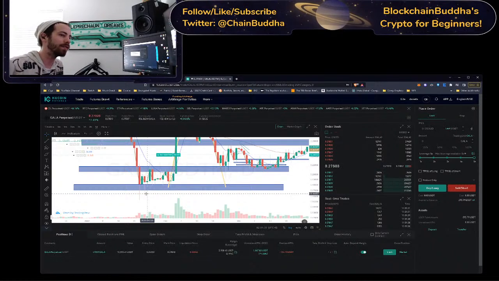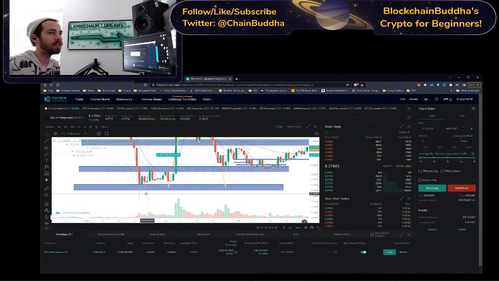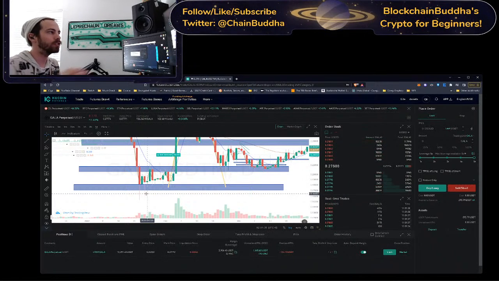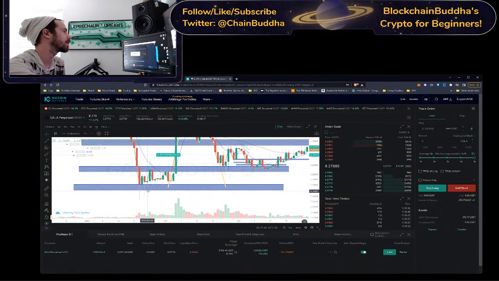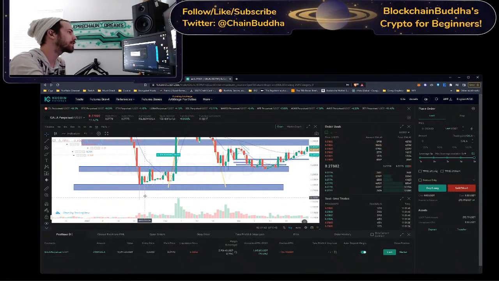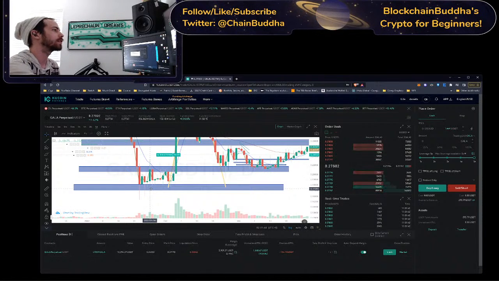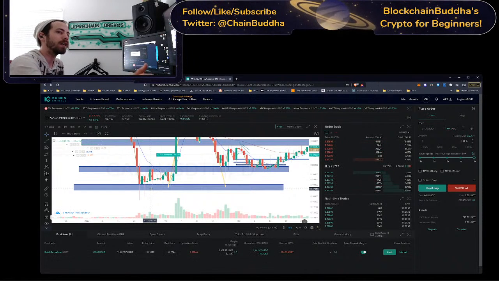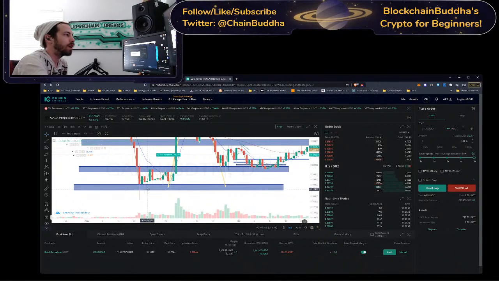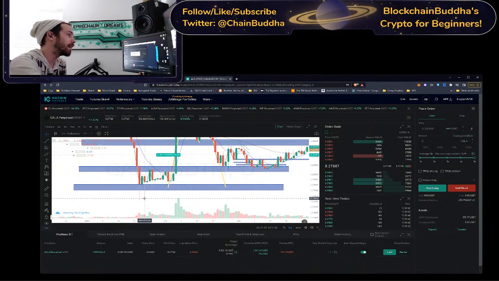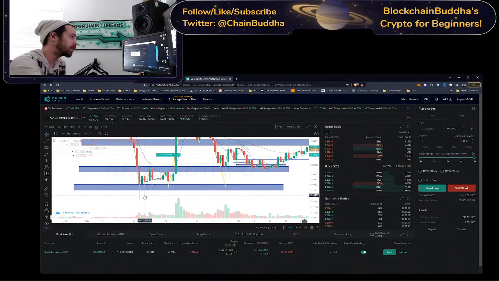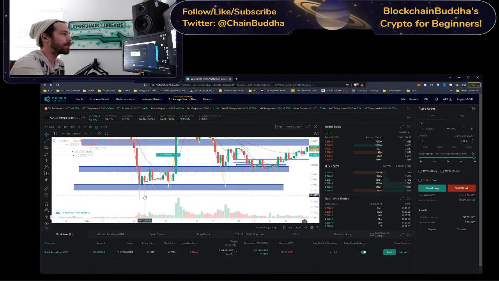That's still probably a 25% stop loss, so they're still going to lose 25% of their money here. And that's the scary thing about some of these trades: if you don't enter in at a proper point, the market could come and get you, exit your trade, hit your stop loss, and then look what happened.